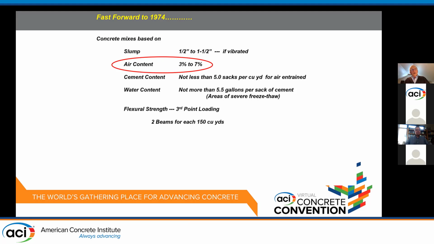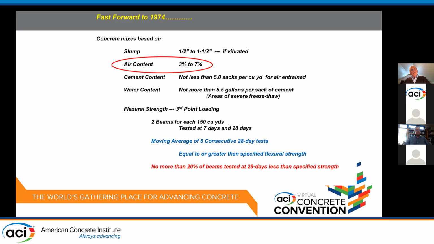And at that time, for flexural strength, you made 2 beams for each 150 cubic yards of production concrete. You tested one at 7 days, one at 28. And the moving average of 5 tests had to stay above the design strength, and no more than 20% of the beams could be less than the specified strength. The issue with that was it wasn't clear where that 20% could be.